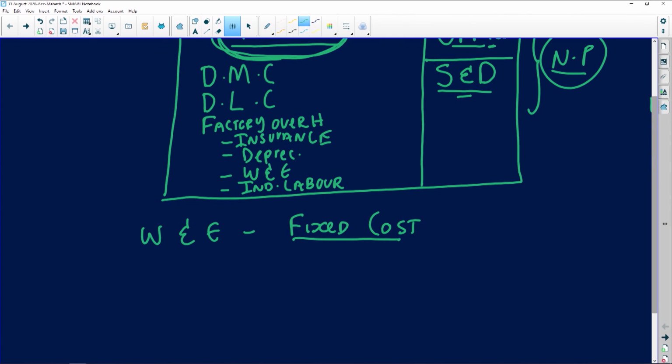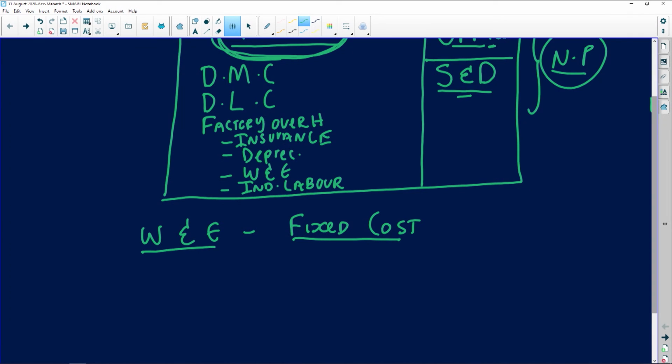Water and electricity is not a fixed cost. It's what we call a semi-fixed, semi-variable cost. But because we're trying to simplify the syllabus, we therefore have your fixed cost and your variable cost. So factory overheads is regarded as a fixed cost regardless of the number of units produced. And obviously water and electricity falls under factory overheads, hence it is a fixed cost.